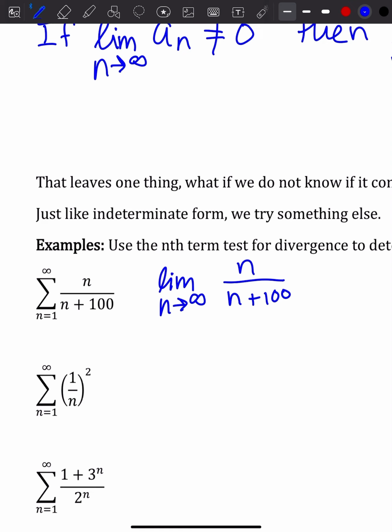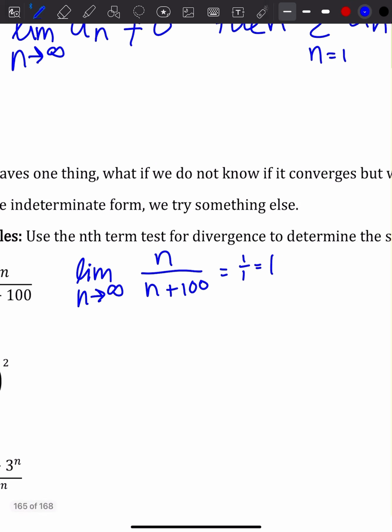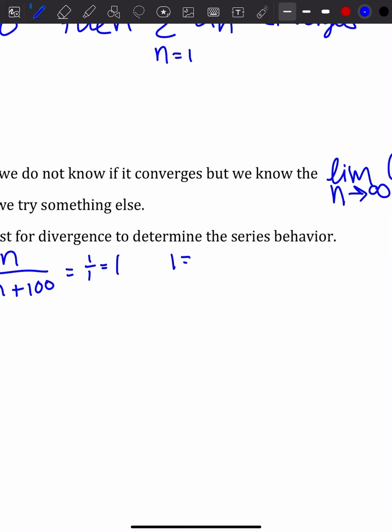So our degrees are the same on top and bottom, meaning we need to look at the coefficients. Coefficients are 1 over 1, so we know this is going towards 1. It's not going towards 0 because 1 does not equal 0, so what we know is the series diverges. This is nice because we can be done.